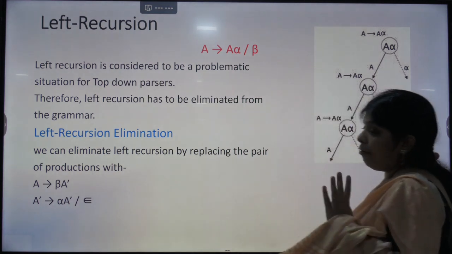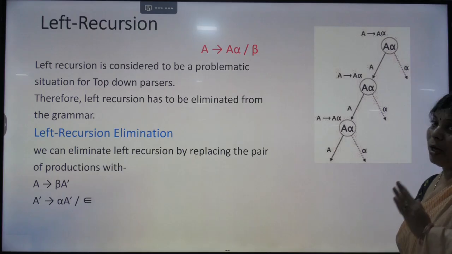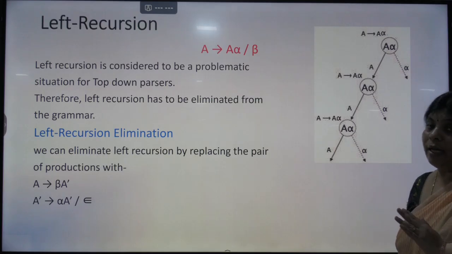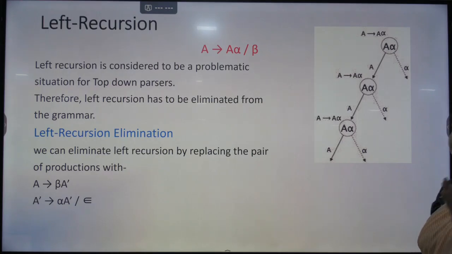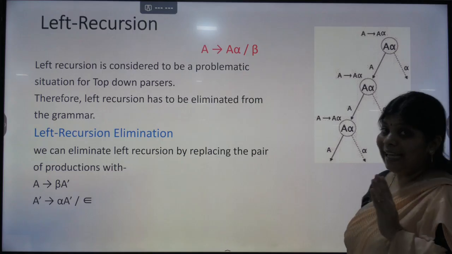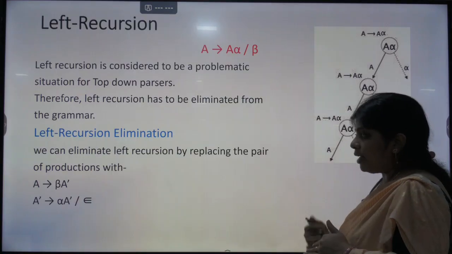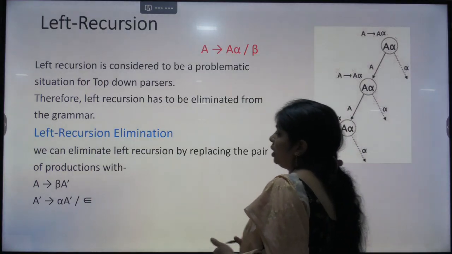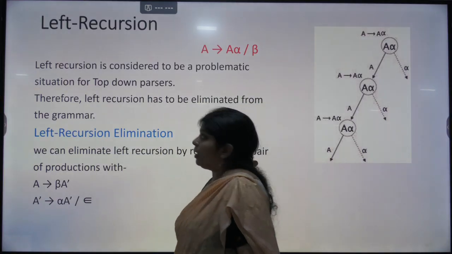That means if the production has a left associativity problem, then by using the left recursion technique, we eliminate that problem. If the production contains a left associativity problem, then we can easily say that it has an ambiguity problem. So to eliminate that ambiguity, we make use of this left recursion technique.